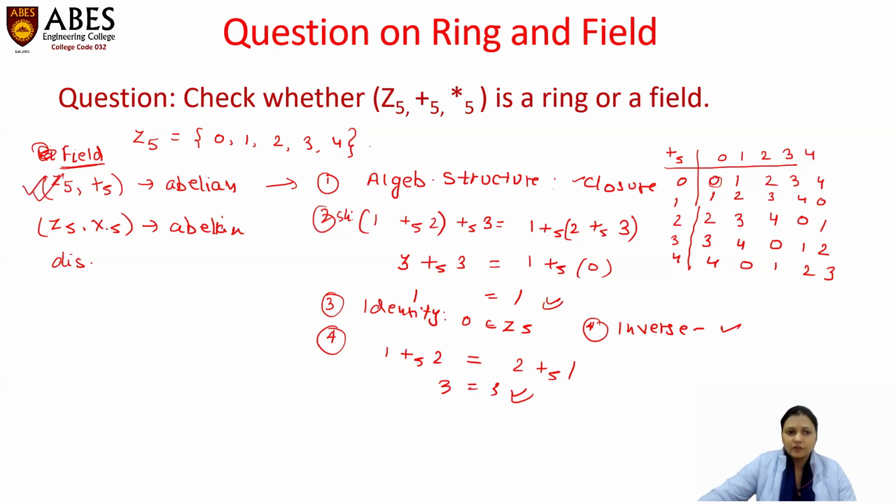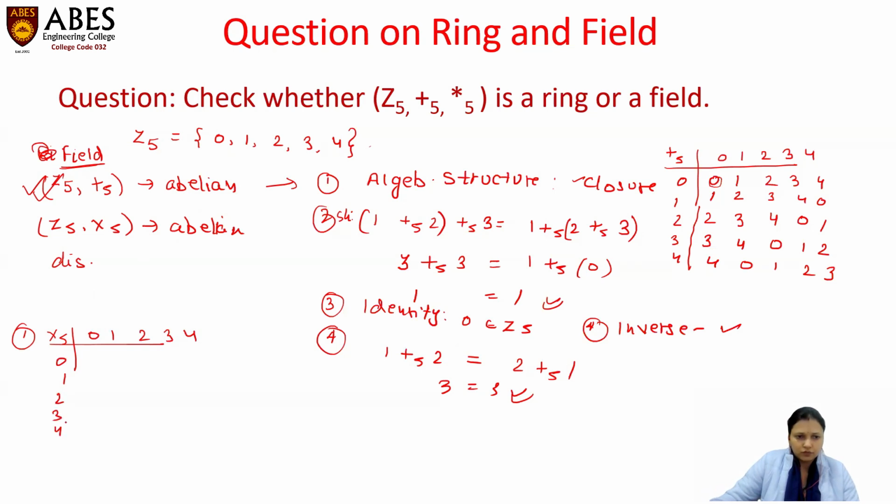Now we will check Z5 with multiplication modulo 5. Similarly, we have to draw the closure table for multiplication modulo 5, with 0, 1, 2, 3, 4 on both axes. 0 into 0 is always 0. 1 into 0 is 0. 1 into 1 is 1. 1 into 2 is 2. 1 into 3 is 3. 1 into 4 is 4. 2 into 0 is 0. 2 into 1 is 2. 2 into 2 is 4. 2 into 3 is 6, which will give remainder 1. 2 into 4 is 8, which will give remainder 3. 3 into 0 is 0. 3 into 1 is 3. 3 into 2 is 6, which gives remainder 1. 3 into 3 is 9.